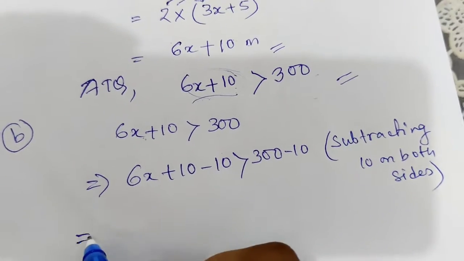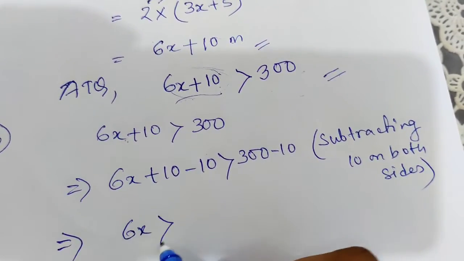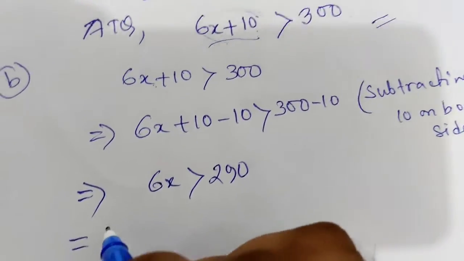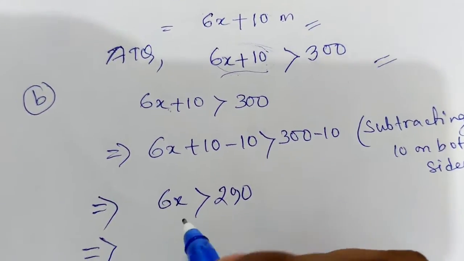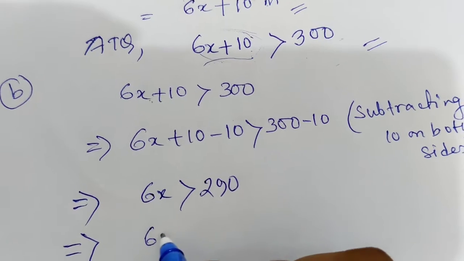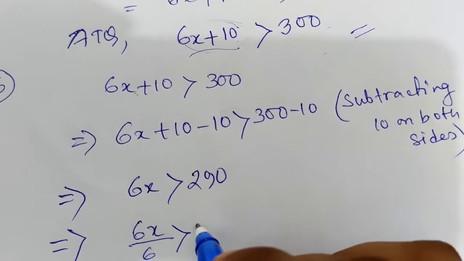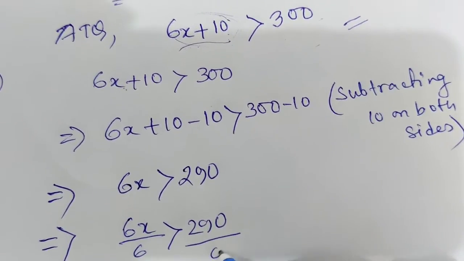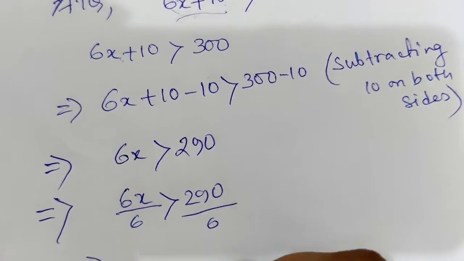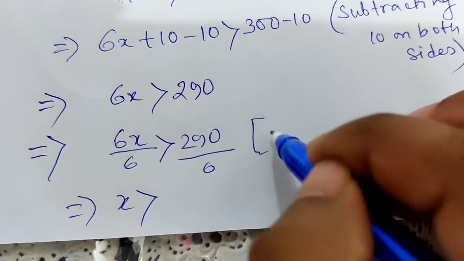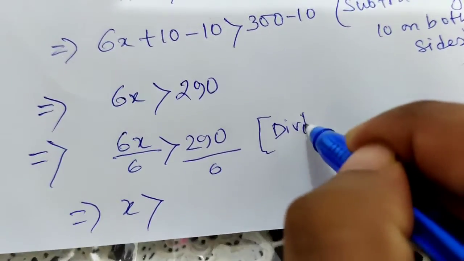Or 6x is greater than 290, or 6x divided by 6 is greater than 290 divided by 6, dividing both sides by 6.